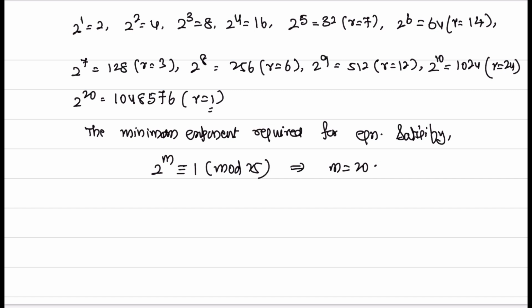We can even do it very simply. From congruences also we can do. We have calculated 2 to the power of 10 is equal to 1024.